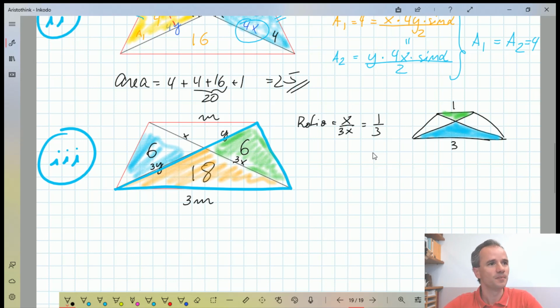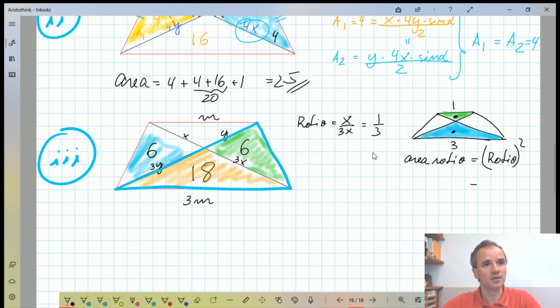The area ratio between those two is going to be the ratio squared.